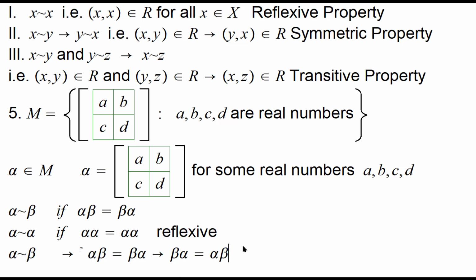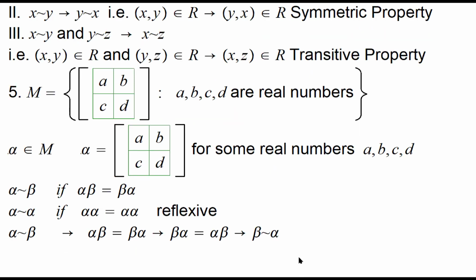Okay. And that means beta is related to alpha, right? So we have the symmetric property as well. Okay, so beta is related to alpha.